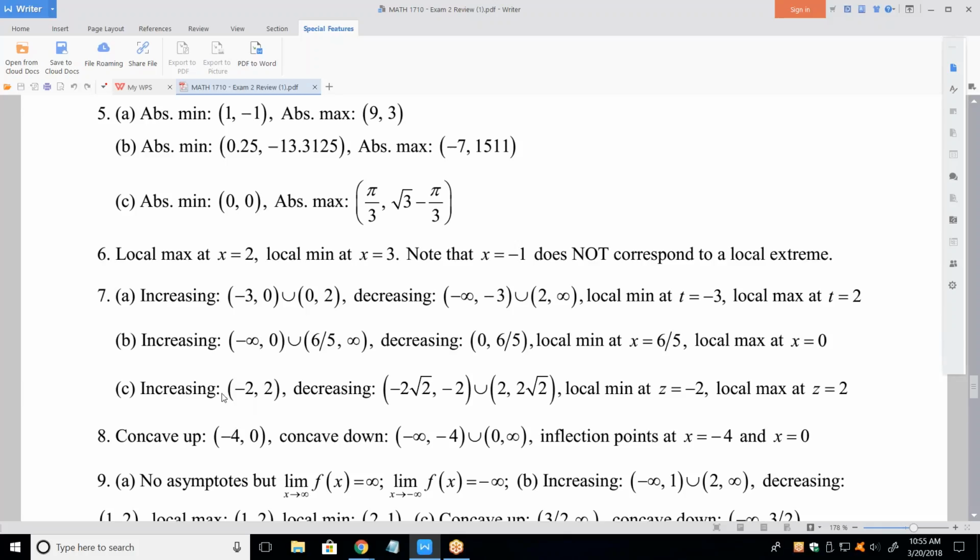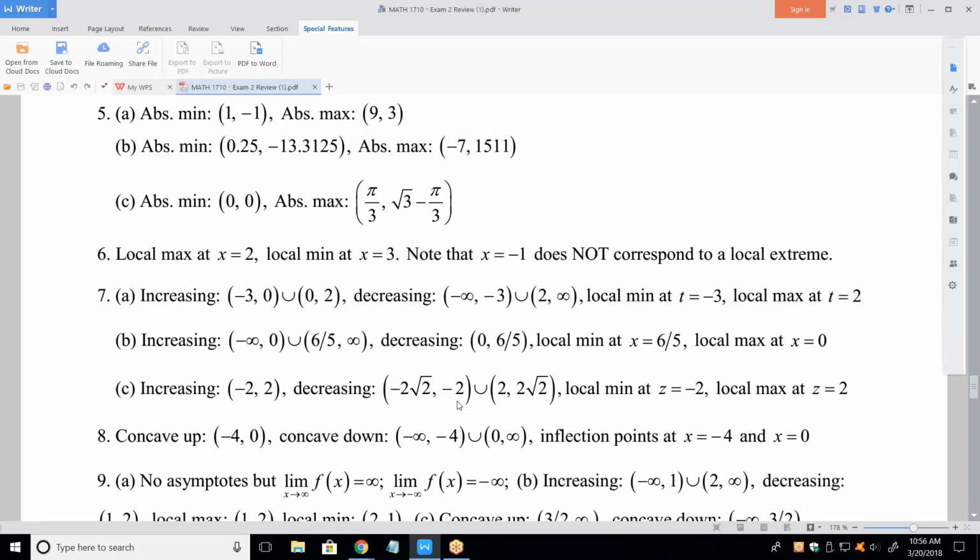No. Oh, they got it increasing from, I got it. They got it increasing in the middle and decreasing on the side.